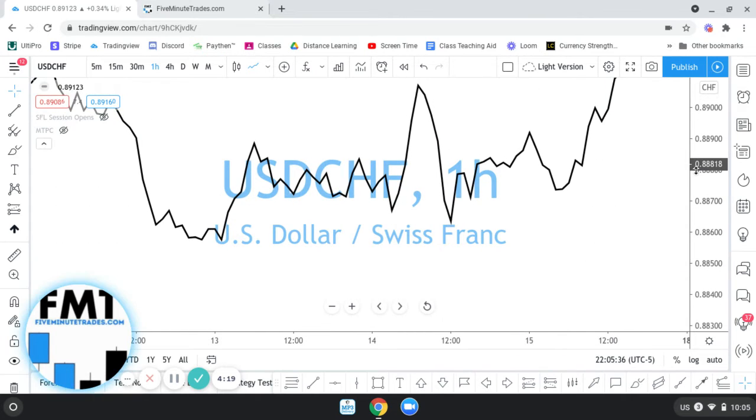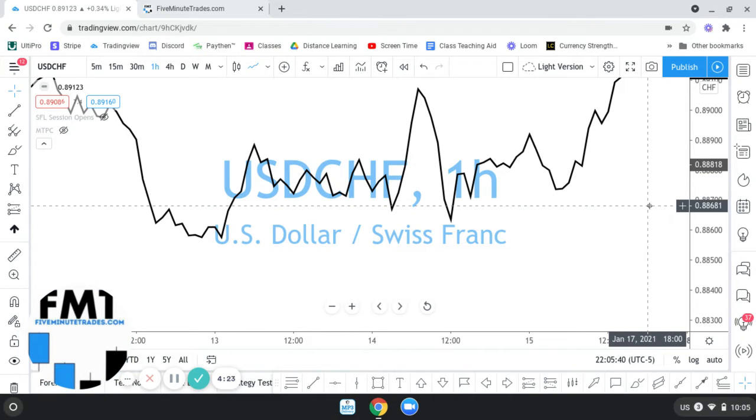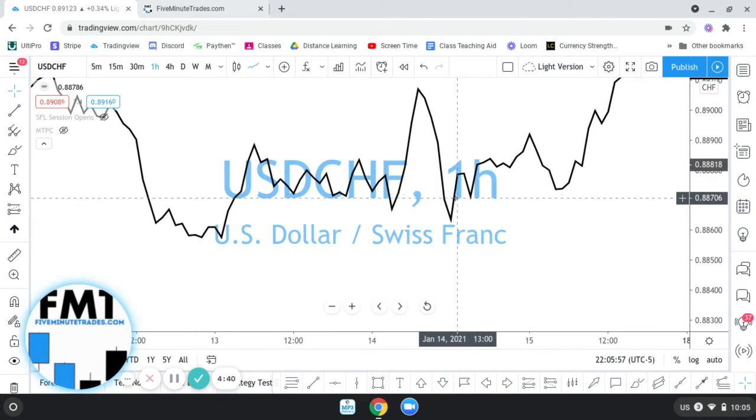So you may say, well, how do I know what's a good level and everything like that? I'm assuming that you know what resistance and support is, right? Support and resistance. So support holds the price up, resistance keeps the price down. So what I like to use this line chart for is, let's say for example, we have some support here.